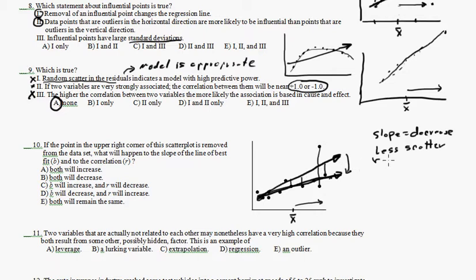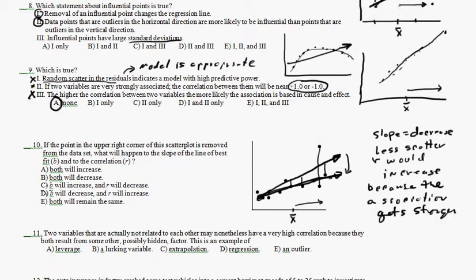So R would increase because the association gets stronger. Okay, so that would be D.